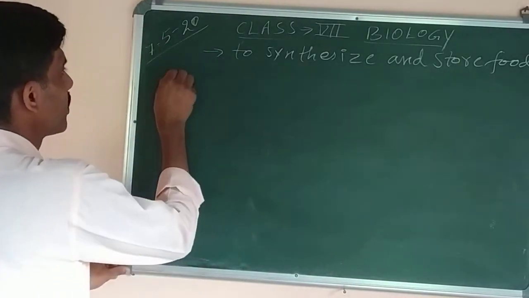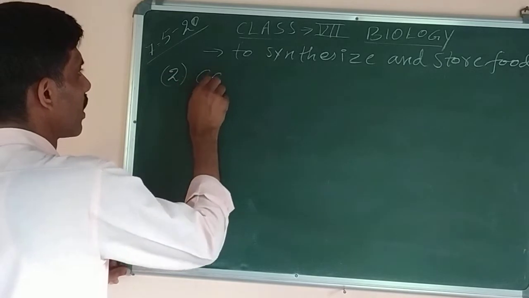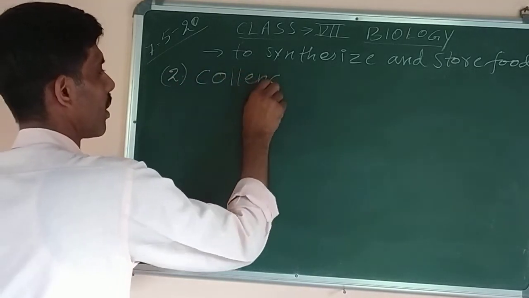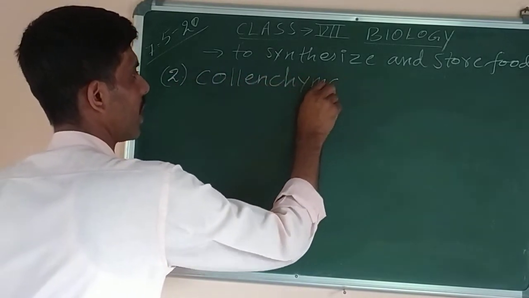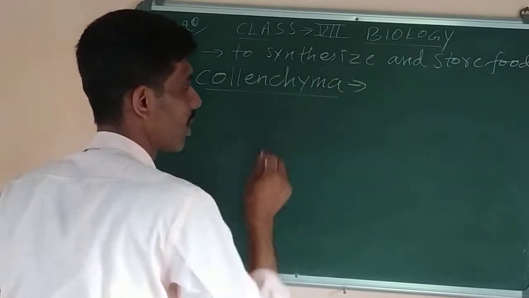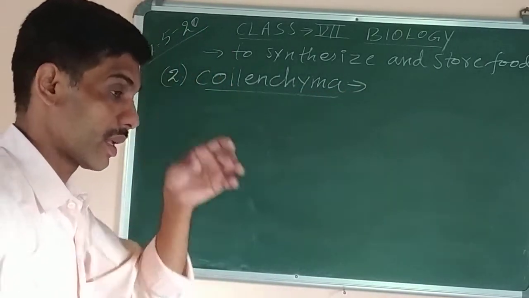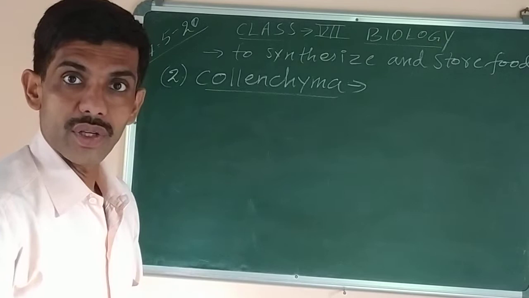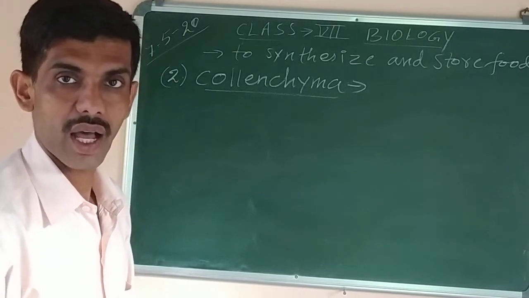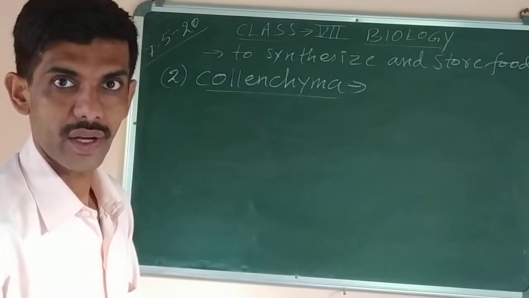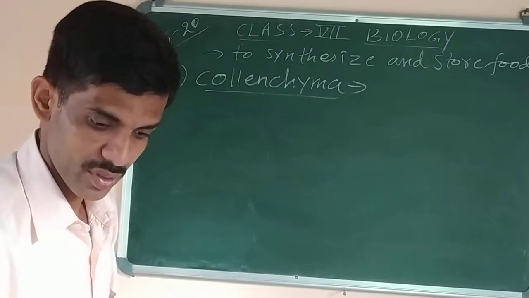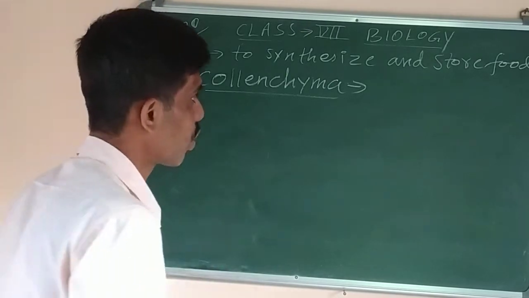Now number 2. Parenchyma. Spelling you can check. Parenchyma is a type of ground tissue in which the cells are elongated or oval in shape. So it is made up of elongated or oval cells.